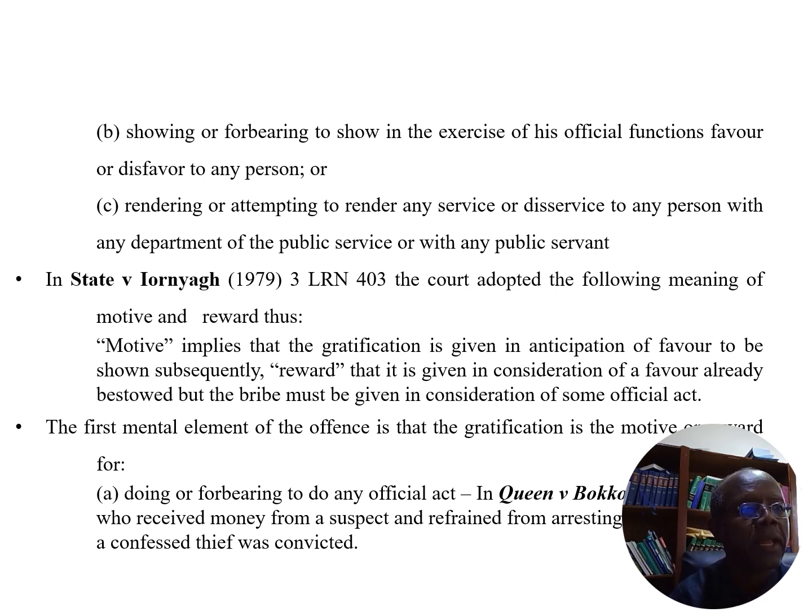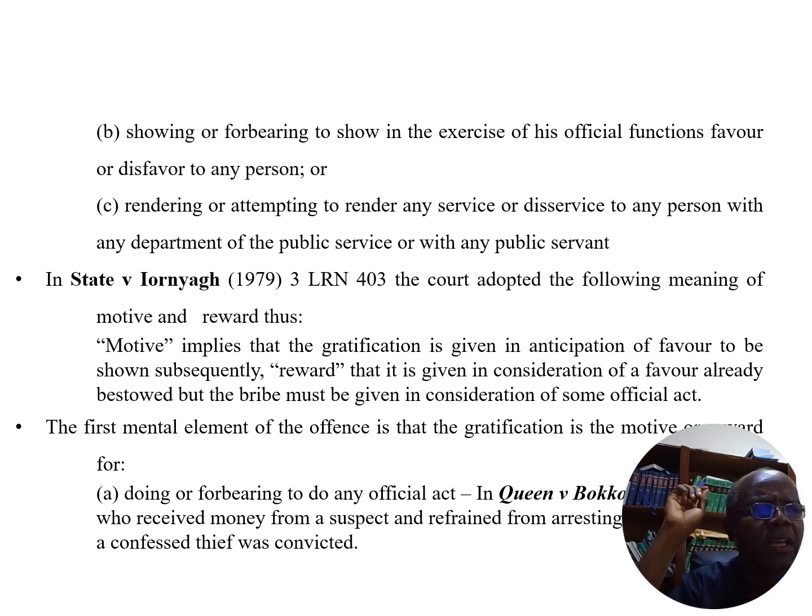So once a public officer receives gratification as a motive or reward, in other words, he's performing his official function motivated by the gratification. He's supposed to perform his official function without any motivation based on gratification, or receiving any reward based on gratification. All he's required to do is just to perform his official duties.